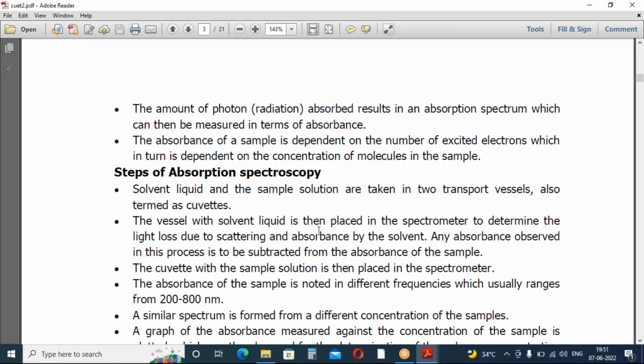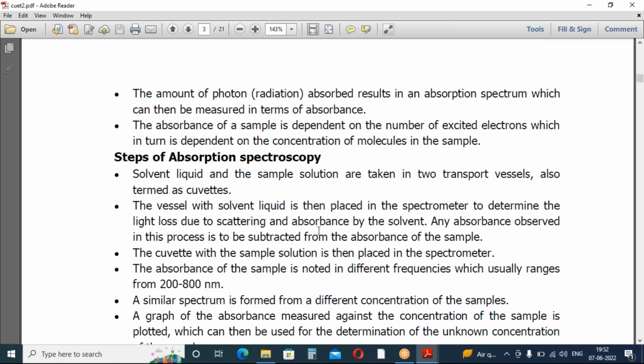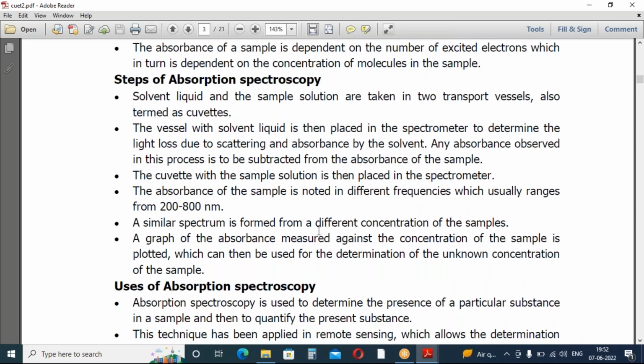First the sample has to be taken in a transparent vessel called a cuvette, and these cuvettes are placed in the chamber of the spectrometer. Depending upon the scattering of the light, the wavelengths mainly absorbed by the particular molecule are detected in terms of absorbance.